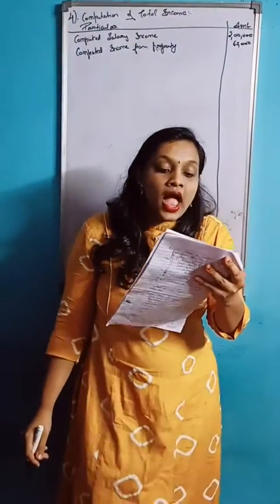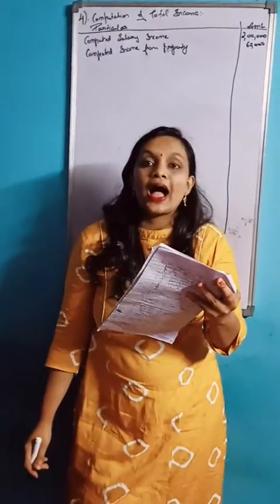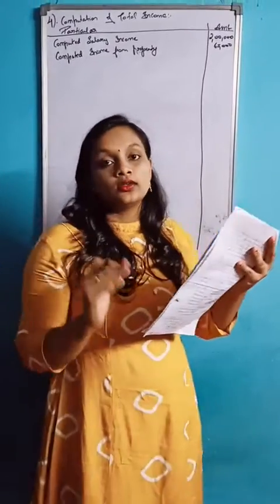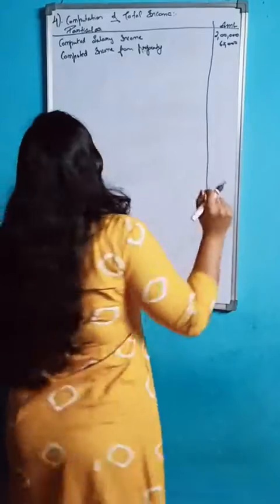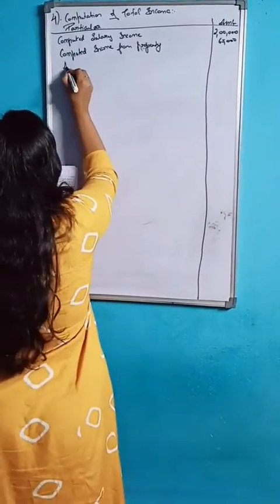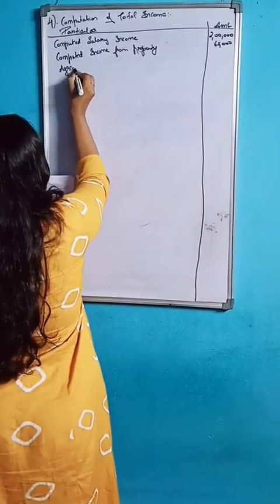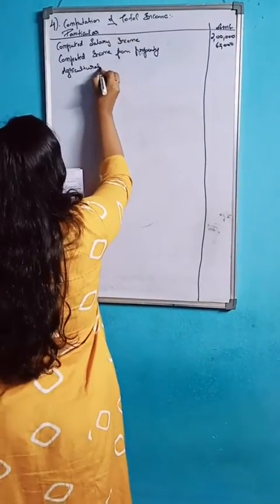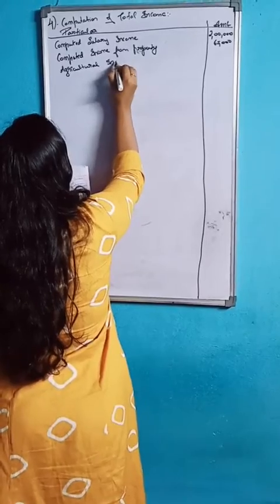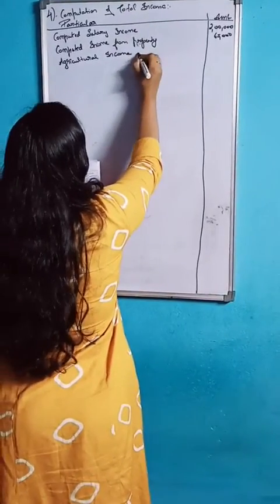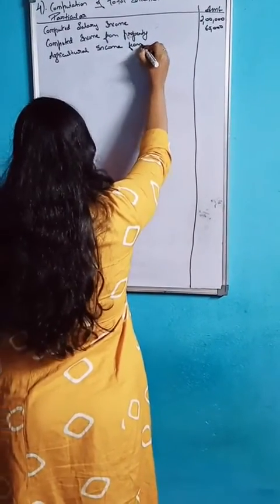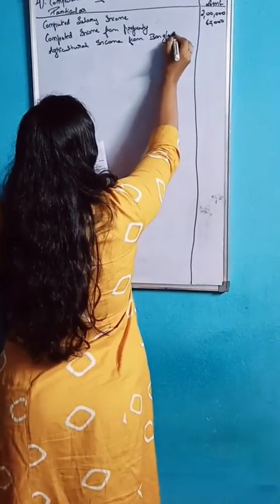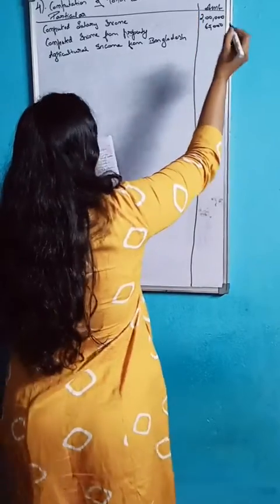Next one is agricultural income from Bangladesh, rupees 1 lakh. So it's taxable. You can take the direct amount column. So agricultural income from Bangladesh, that is 1 lakh.